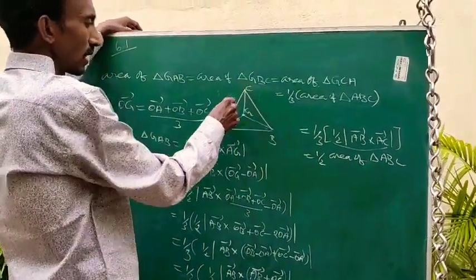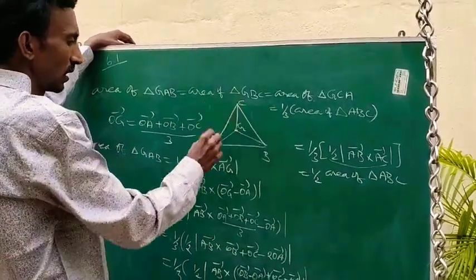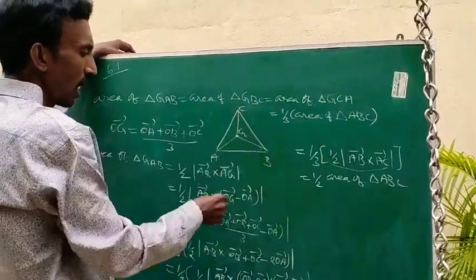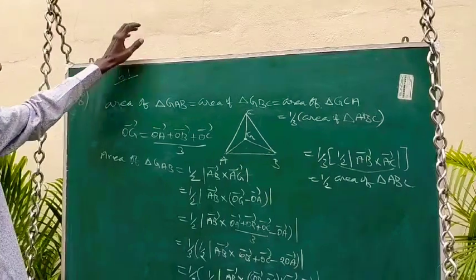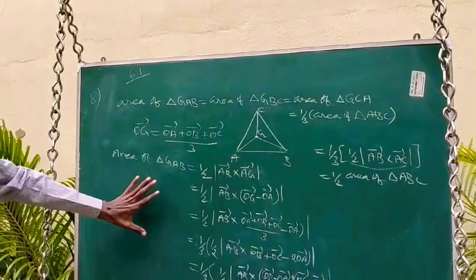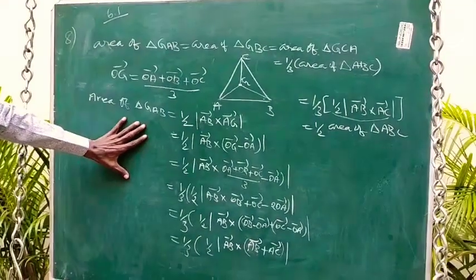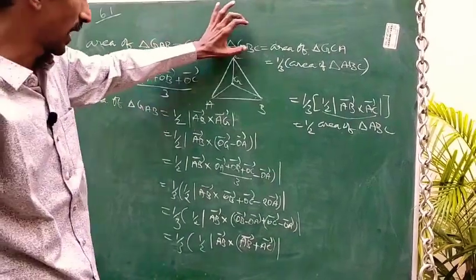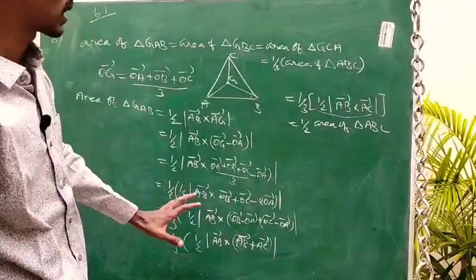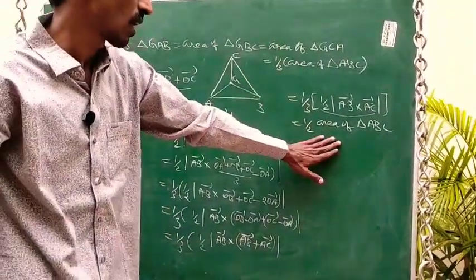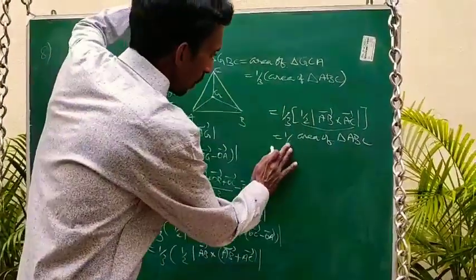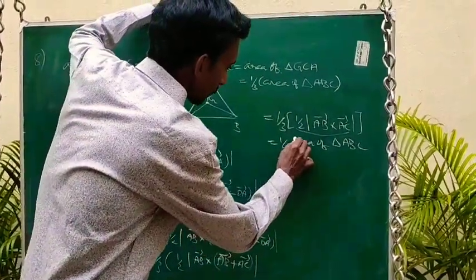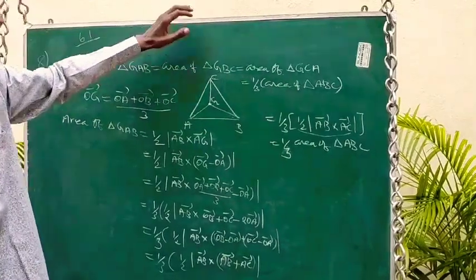Again apply the same principle, we are getting the same answer. I only proved the first part; for the second and third, use the same concept. Not half, it is 1 by 3 times the area of the triangle ABC.